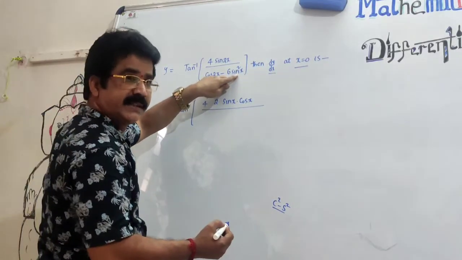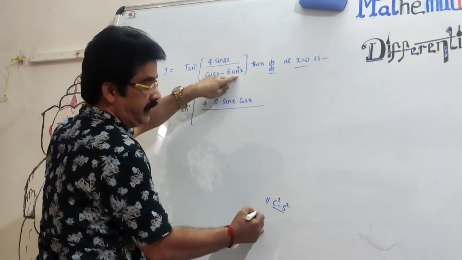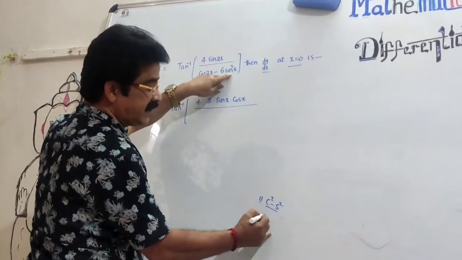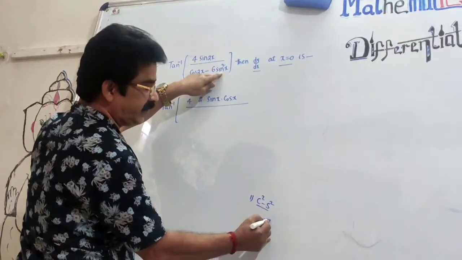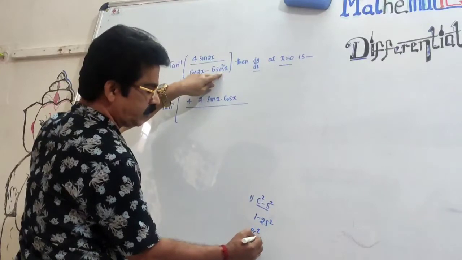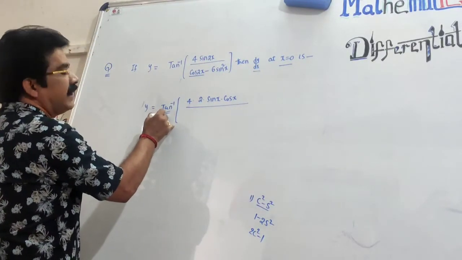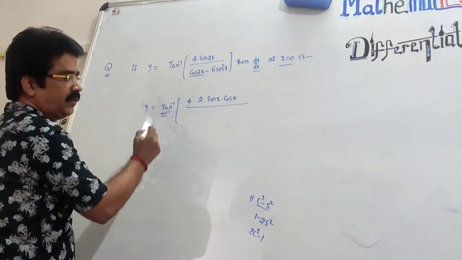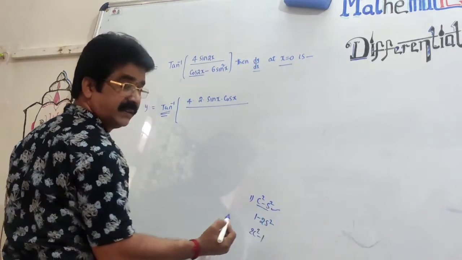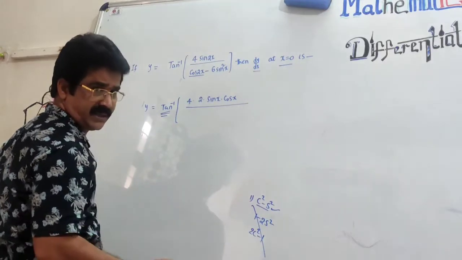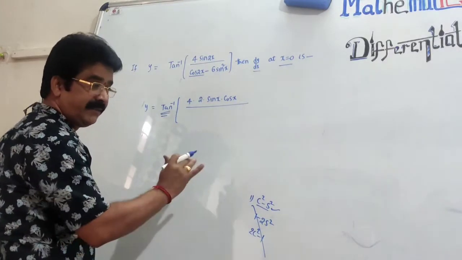Actually, cos 2 theta has 3 formulae: cos square theta minus sin square theta, 1 minus 2 sin square theta, or 2 cos square theta minus 1. But the tan inverse is outside. This is an operator. That's why we are using this rather than these two. Understand? Okay. Why? Later I will explain.